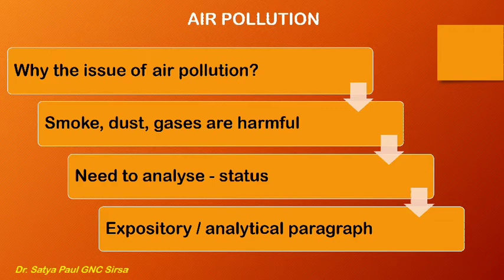If I determine which type of paragraph I'm writing, then I will find one way and walk on that way only. Then the tone throughout the paragraph will remain the same. Expository means defining. We will surely define air pollution, and then analyze the situation of air pollution in the world. So definitely an expository plus analytical type of paragraph.